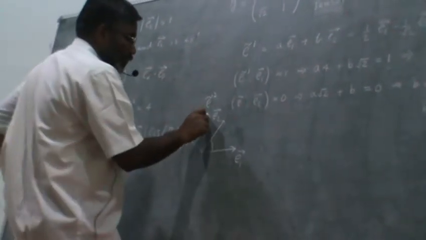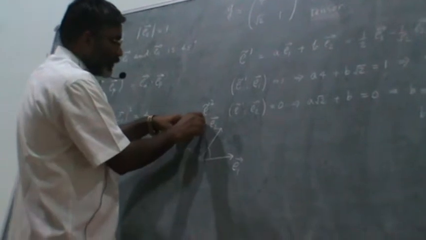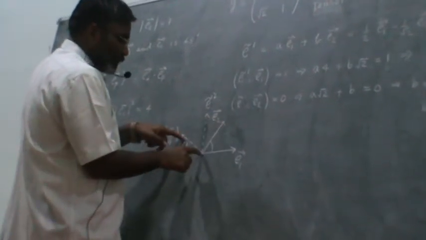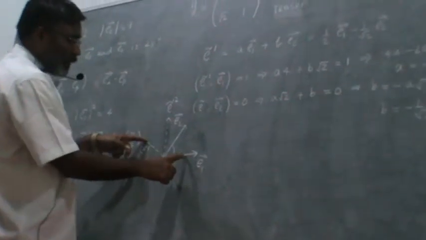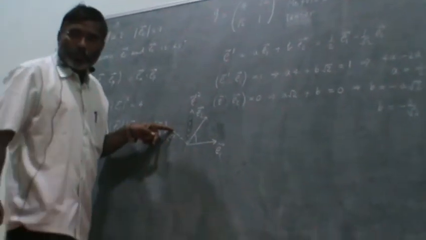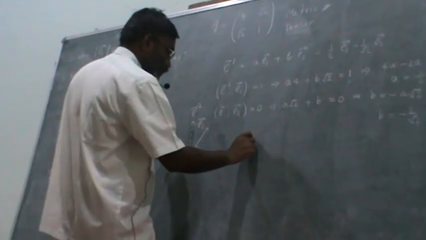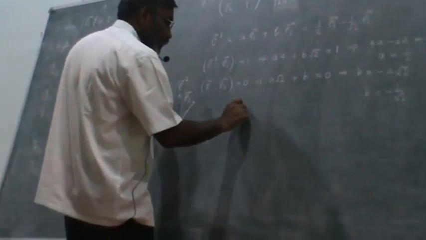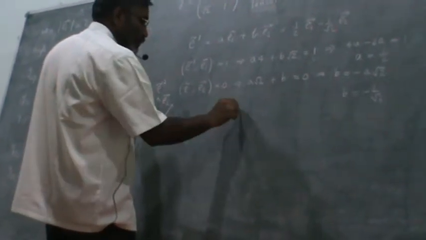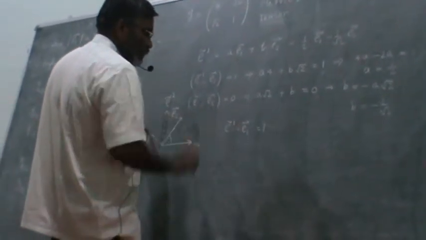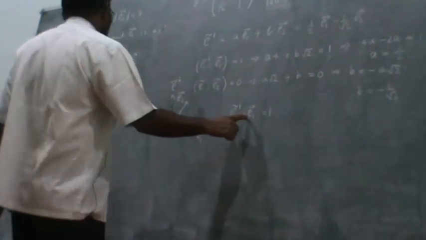So the magnitude of this E1 tilde: E1 tilde dot E1 should be 1. E1 has got a magnitude.